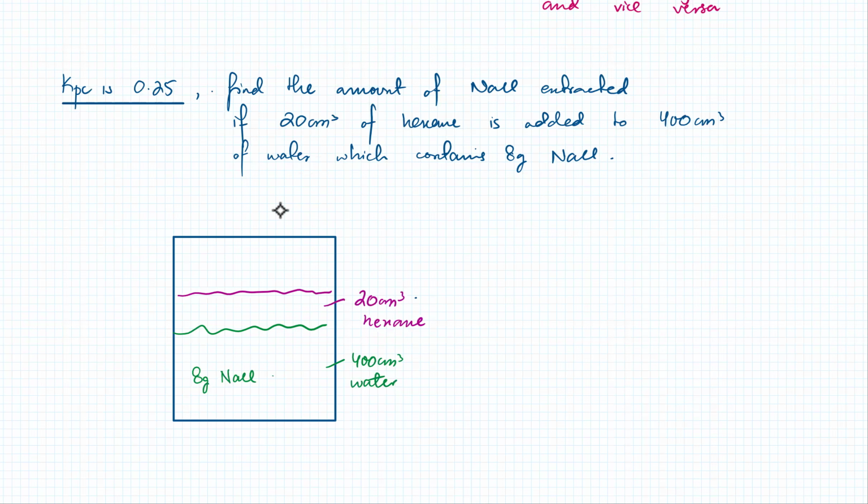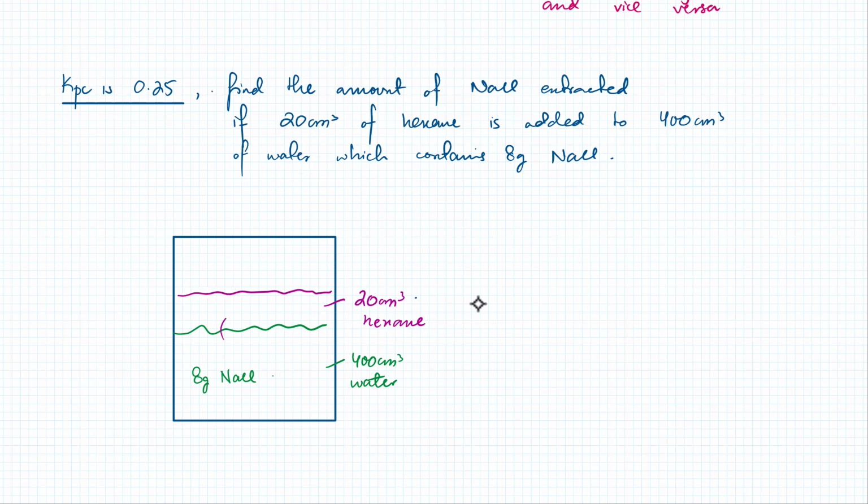So the question is, how much of the NaCl would go into the hexane layer? Because obviously some of the NaCl that's over here is going to travel, cross the partition and end up in the hexane layer.